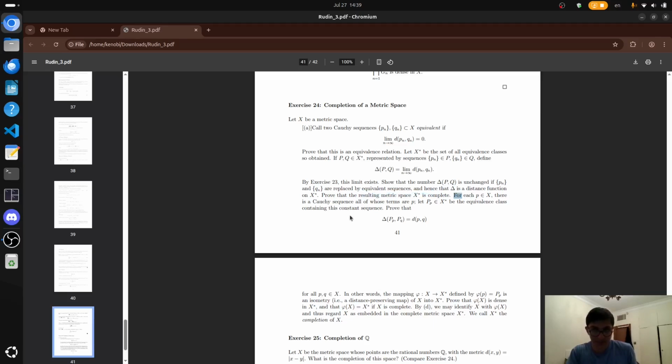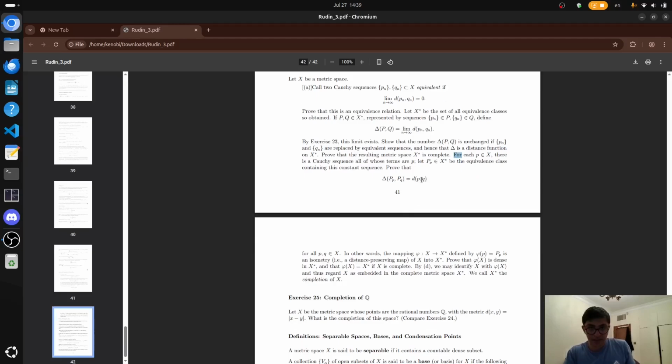For each P in X, there is a Cauchy sequence all of whose terms are P. Let P star in X star be the equivalence class containing this constant sequence. So you're taking the constant sequence with all the terms being the same, and we know that's going to be in that equivalence class.